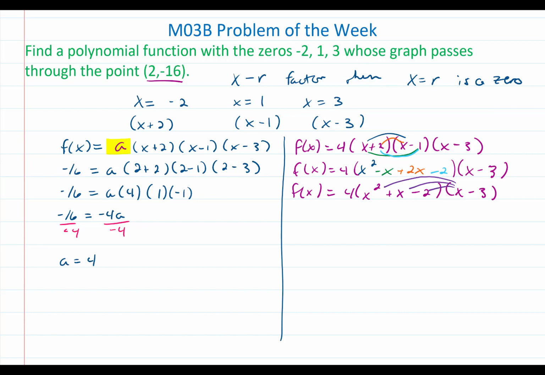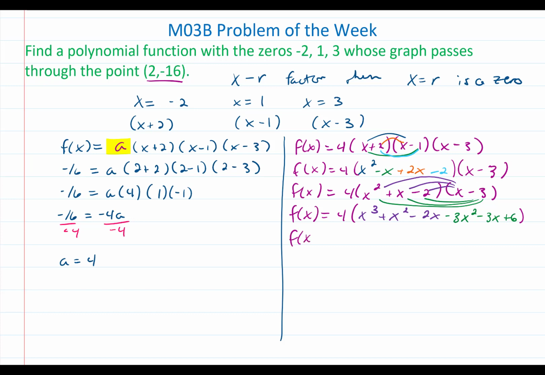So we'll have f of x is equal to 4, open parentheses, x cubed plus x squared minus 2x. And then I'm going to take the -3 and multiply that constant to all three terms. So I'll get -3x squared minus 3x plus 6. So now I can simplify like terms.